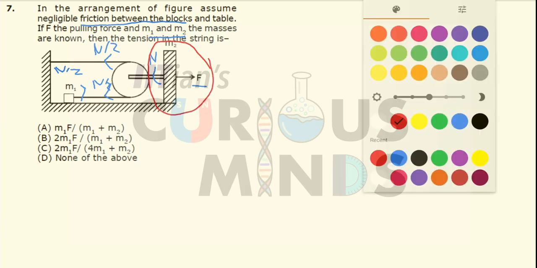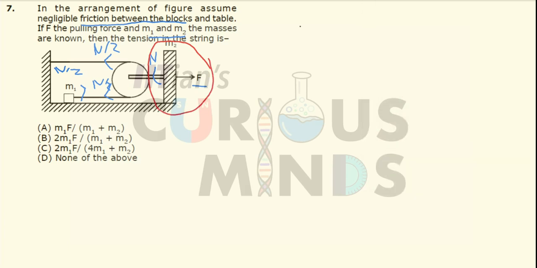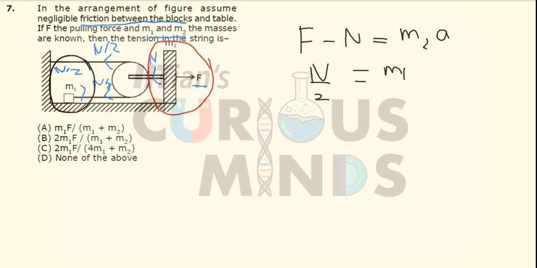So basically over here, F minus n will be equal to m2 into a. Okay, F minus n will be equal to m2 into a, and on mass m1 there is only one force which acts, that is n by 2. So n by 2 will be equal to m1 into a.